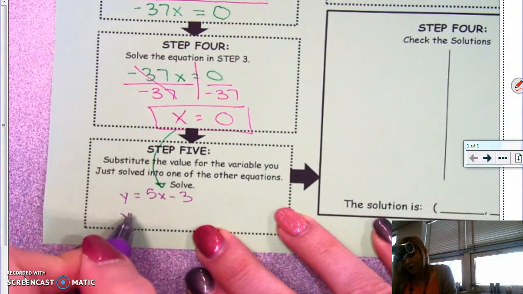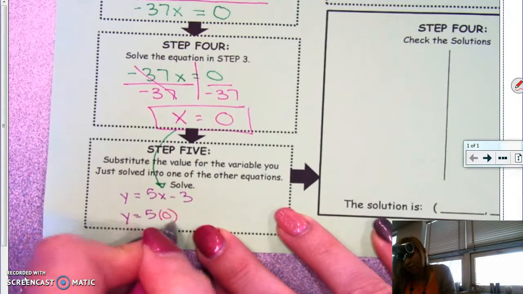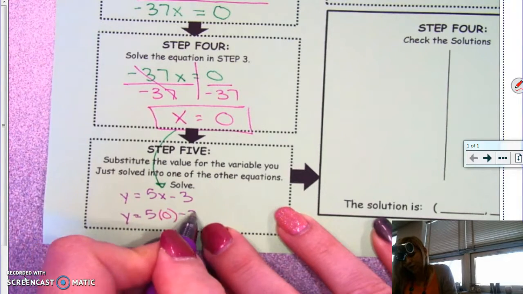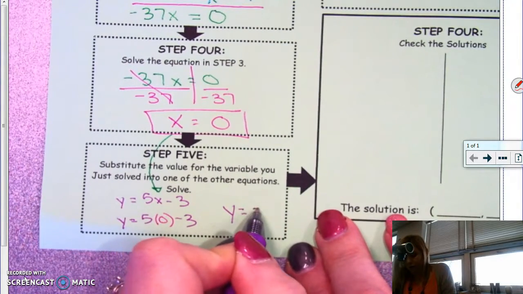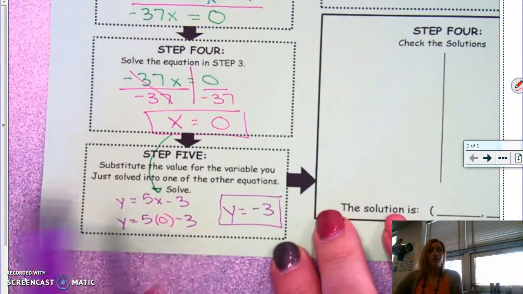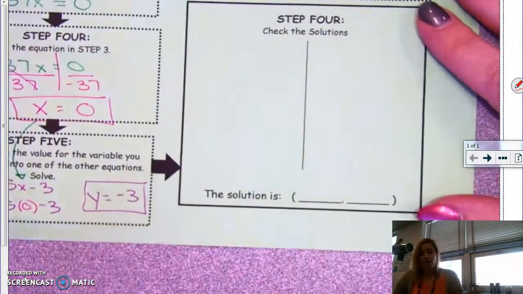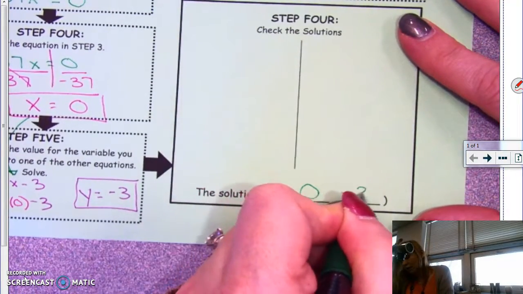So y equals 5 times 0 minus 3, and that would give me y equals negative 3. So now we have our value for x, we have our value for y, we have our solution. Our solution is (0, negative 3).